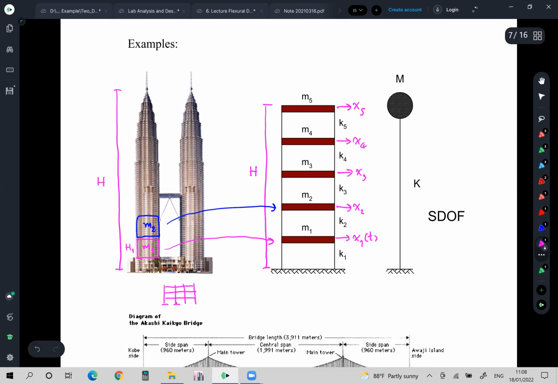And if I assume that this is fixed, like this is H number 1, and apply the force F, and then this portion of the building moves with delta, my K number 1 is defined by my F number 1 over delta number 1, something like this.